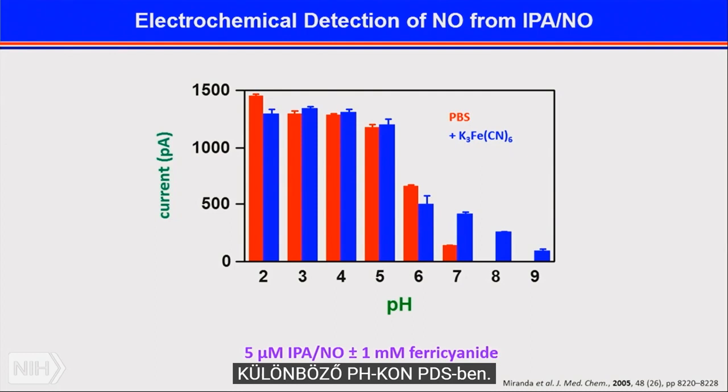In the presence of ferricyanide at a higher pH, we see that there is HNO formation, which is evident from the blue bars. So the difference between the red bar and blue bar shows the amount of HNO formation. And as you can see here, as the pH of the media increases, the HNO formation also increases. At a lower pH, there is no HNO formation.